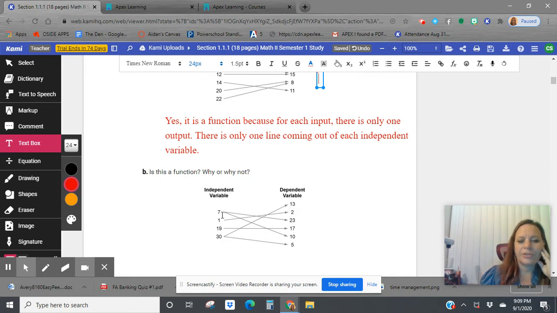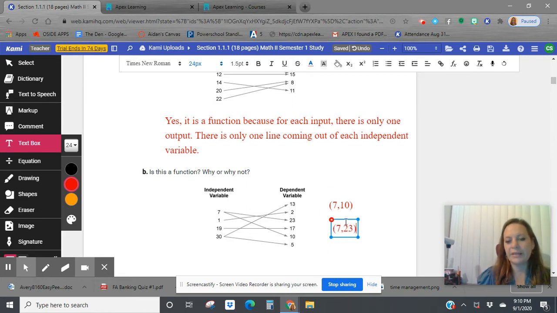Well, look at the next picture. In the next picture, this 7 is paired with both the 10 and the 23. If I were to write out this coordinate pair, there's a coordinate pair of 7, 10, and there's a coordinate pair of 7, 23. So we're finding that there is a repeated x here, and that there's 2 lines coming out of this input.